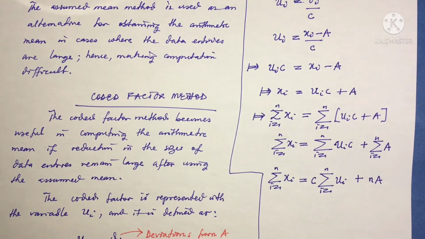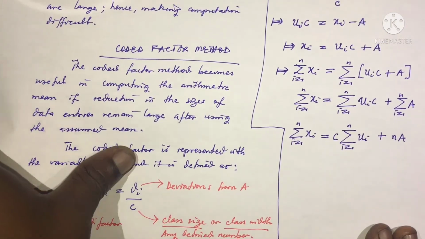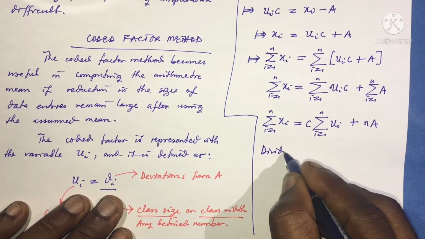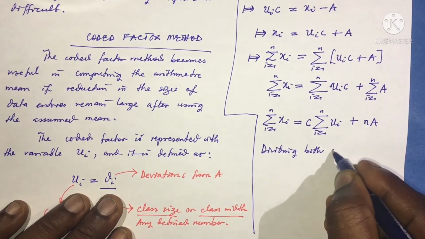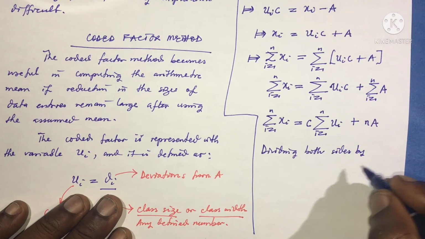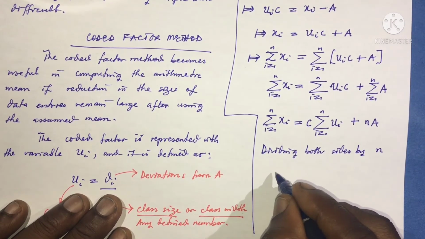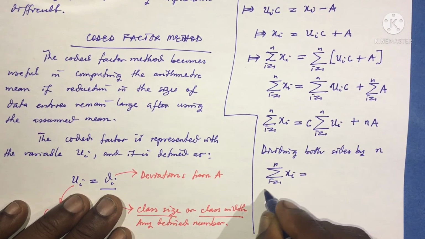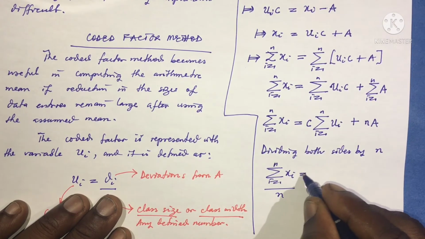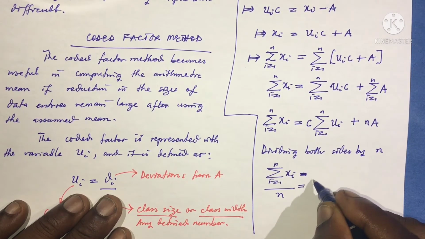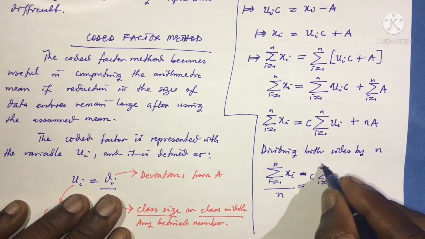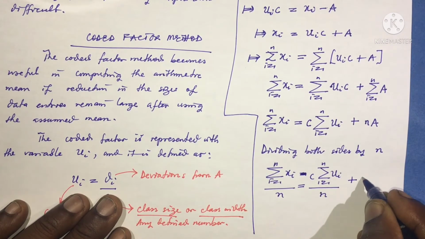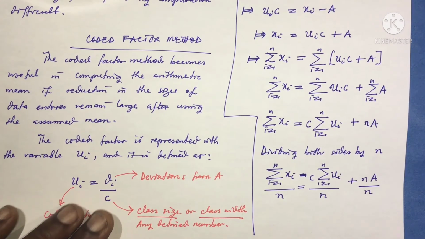Okay? Now, as it continues, you would notice that because c is a constant, the class size, it comes out from the linear operator, the summation, and we have ui being operated on. And this would give us na on the other hand, because we are adding a constant n times. Now, if we proceed further, on dividing both sides by n, we are going to have summation from i equals 1 to n of all xi's divided by n. We are going to have over here this c summation from i equals 1 to n of all ui's all over n plus na all over n, if you remember what we have been doing.